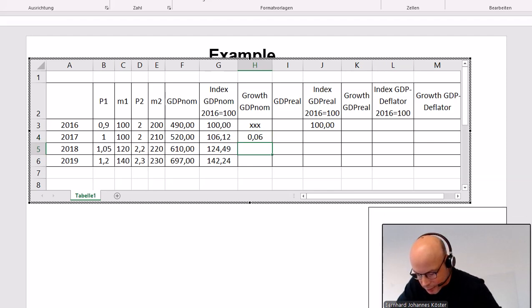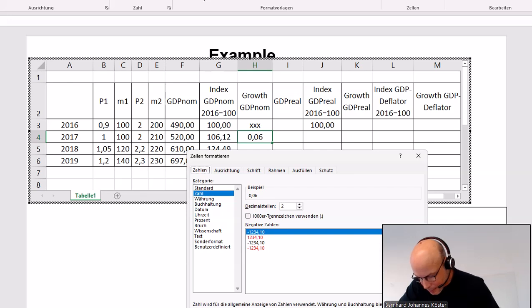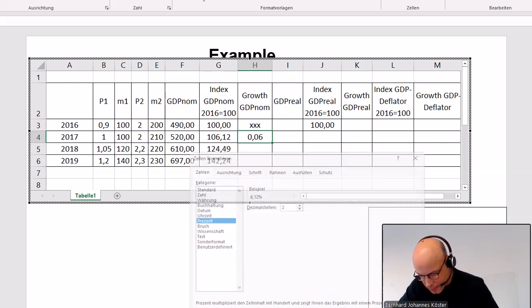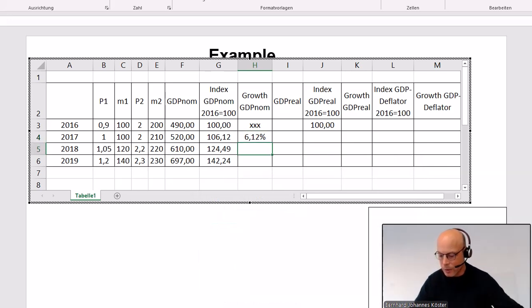And let's change the format to percent. Here we are. What would be the growth rate in 2018? Yes, we can just copy it because it would be 124 minus 106 divided by 106.2.